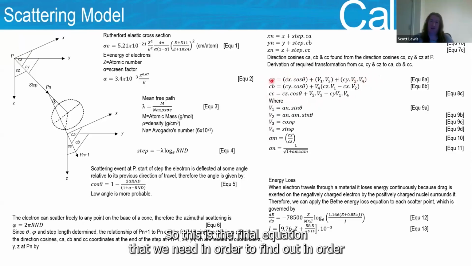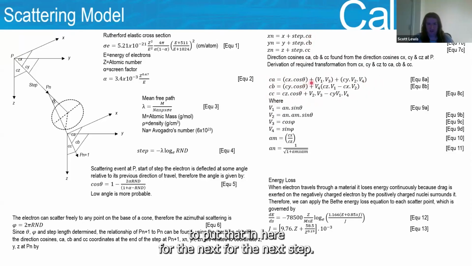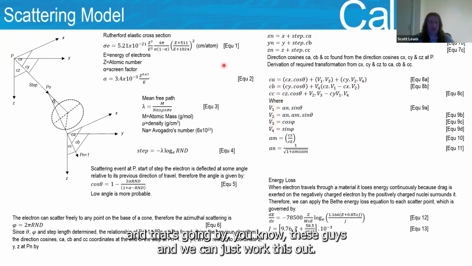So this is the final equation that we need in order to put that in here for the next step. We need to find out what V1, V2, V3, V4 are, and that's governed by these, and we can just work this out.